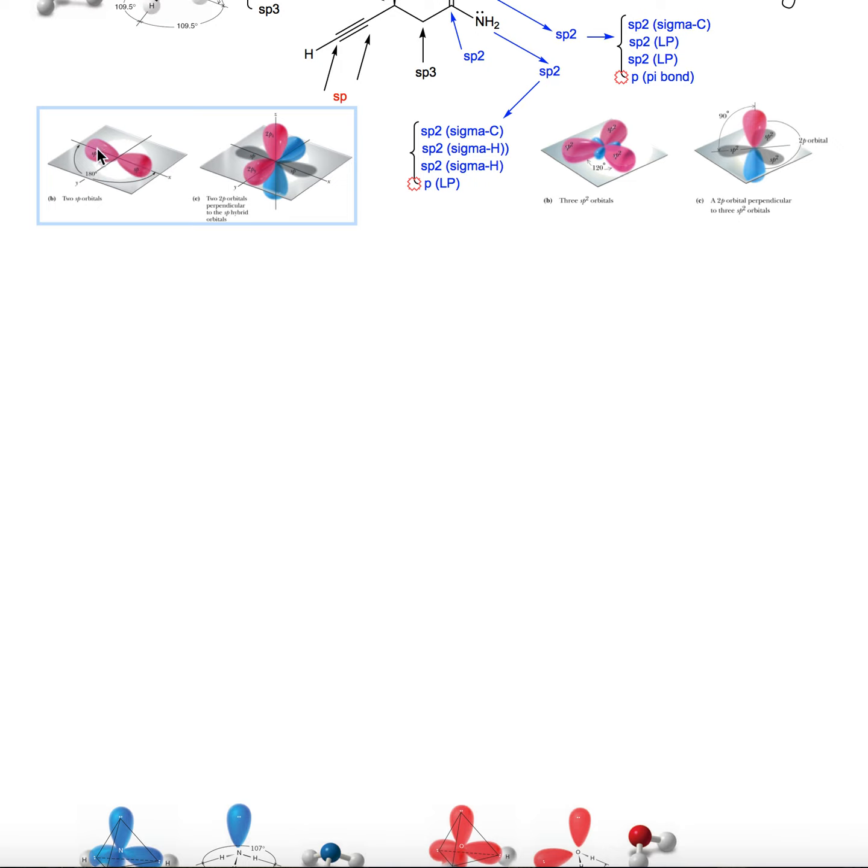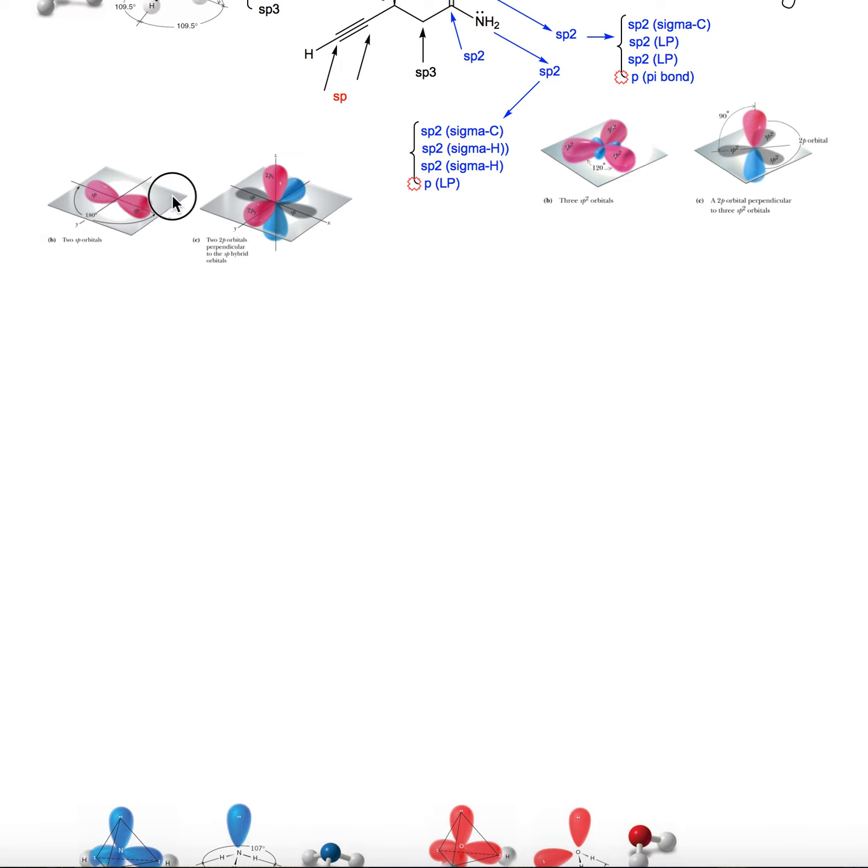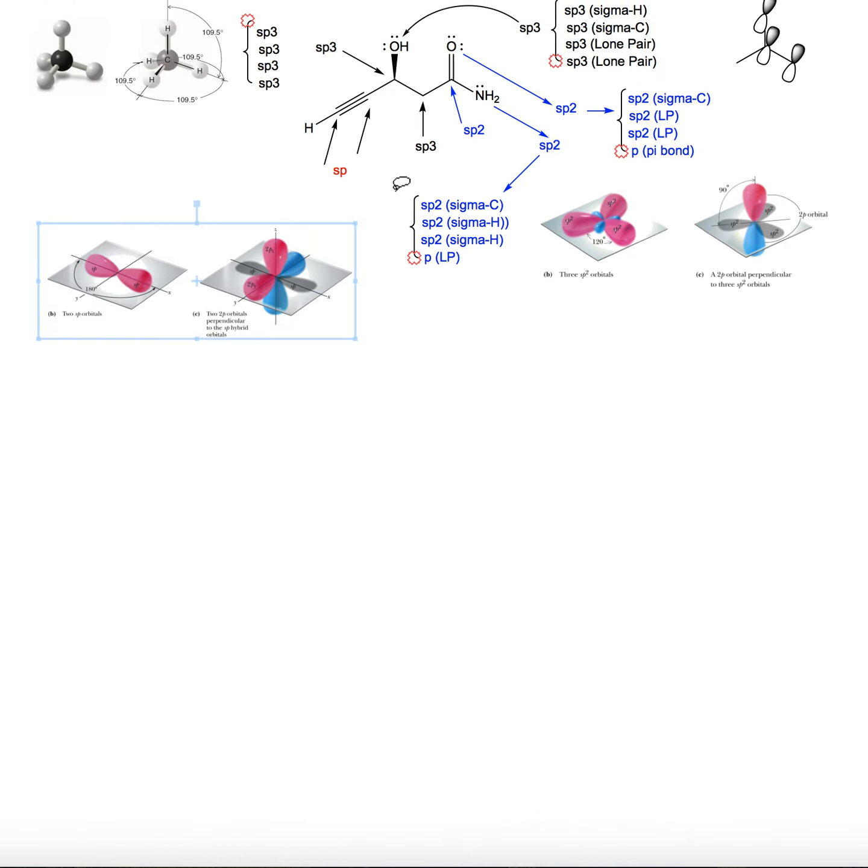So you have the 2 sp hybrid orbitals here. Let me do the orbital diagram for an sp so we can track this. So when we have sp, 2 hybrid orbitals, 1 s and 1 p, were used for combination, and then we have 2 pure p orbitals for pi bonds.